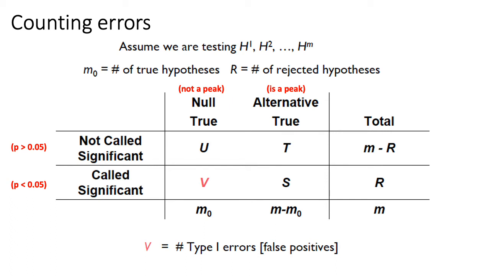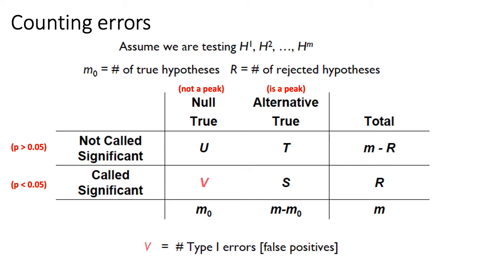On the other hand, V refers to your type 1 errors, your false positives, because those are the subset of classrooms where I said yes, my P is less than 0.05, so I am taller than your average undergrad student, but that actually wasn't true.